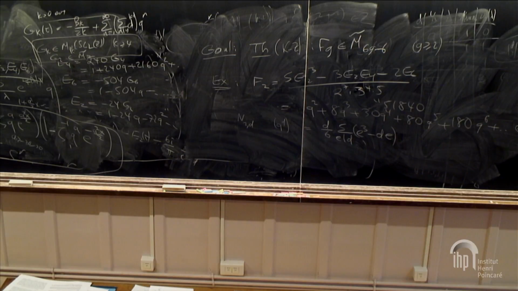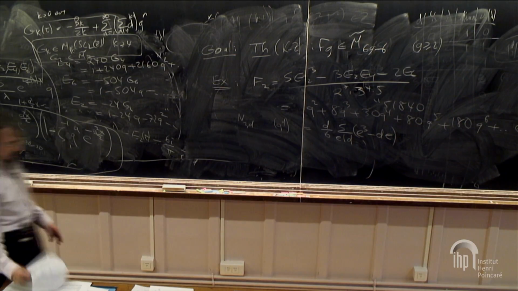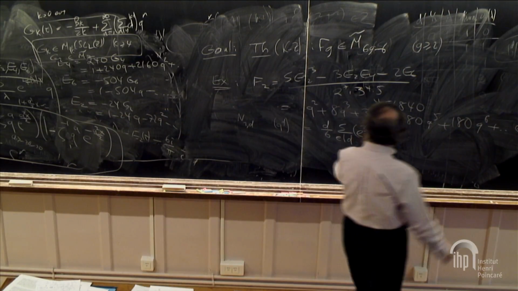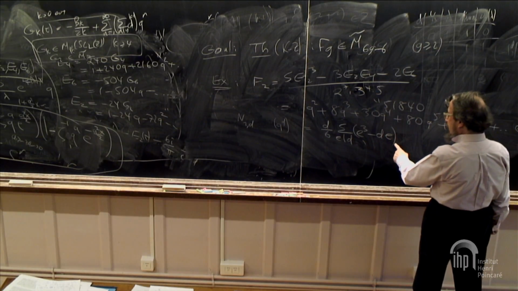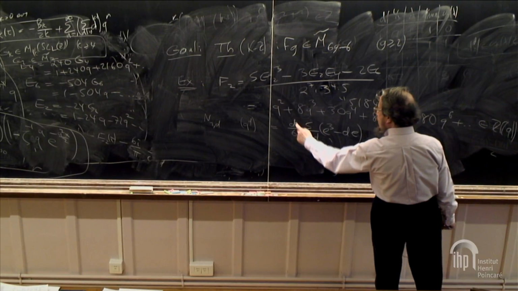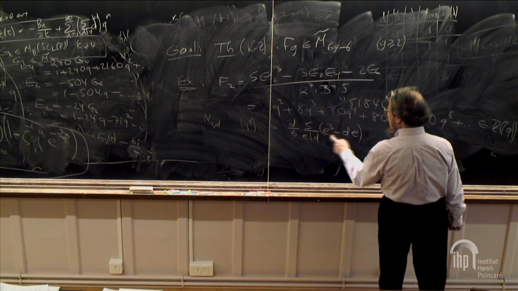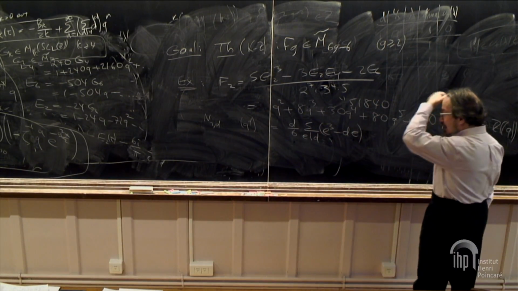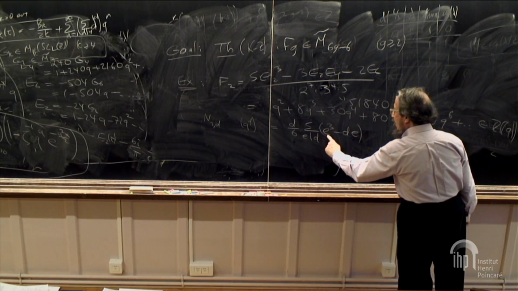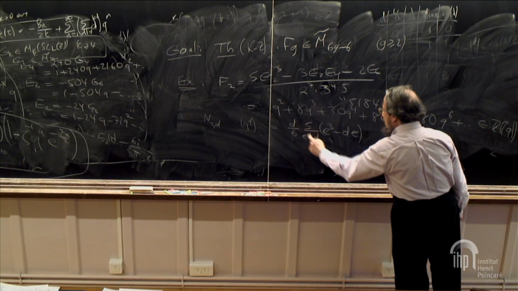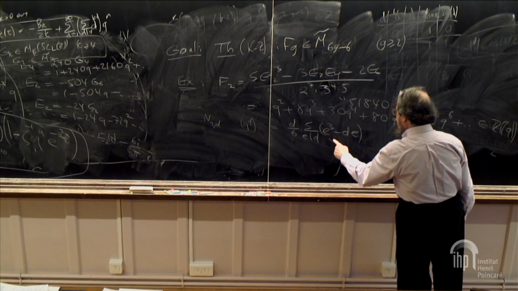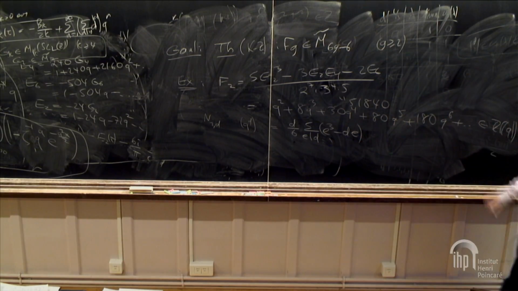It's the sum over divisors: d over 6 times the sum, e divides d, of e cubed minus d e. And you see this is an integer. Because if d is even, there's no 2, but if d is odd, then e is odd, then these are both odd, the 2 goes away. And if d is divisible by 3, there's no problem. If d is not divisible by 3, then for some stupid reason, this is also divisible by 3. So in this case, this is an integer.